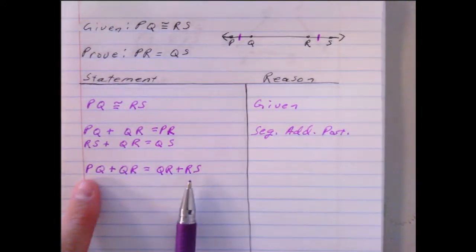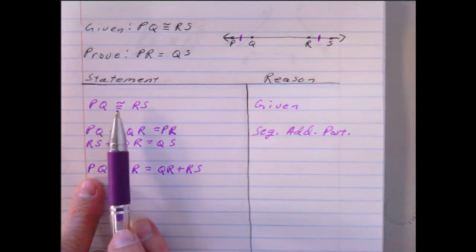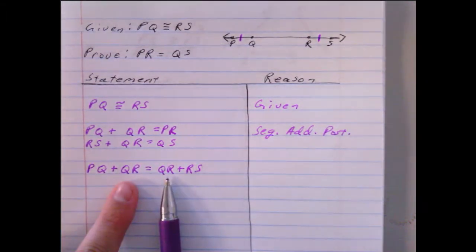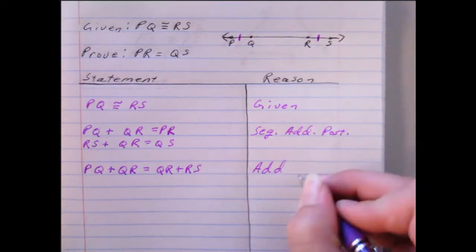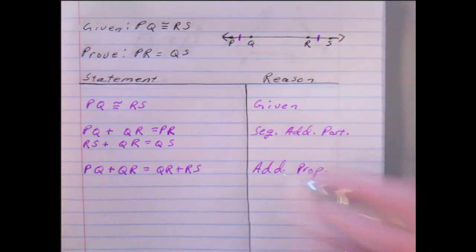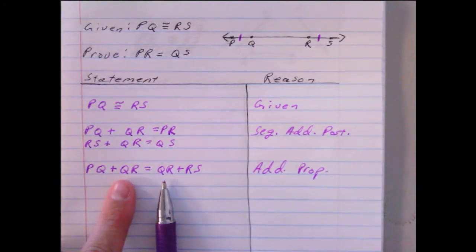Okay, so our addition property, so we originally had this in our given, and we know if we add the same thing to both sides, then it remains equal. So that was our addition property. So we added the QR to both sides to keep those equal.